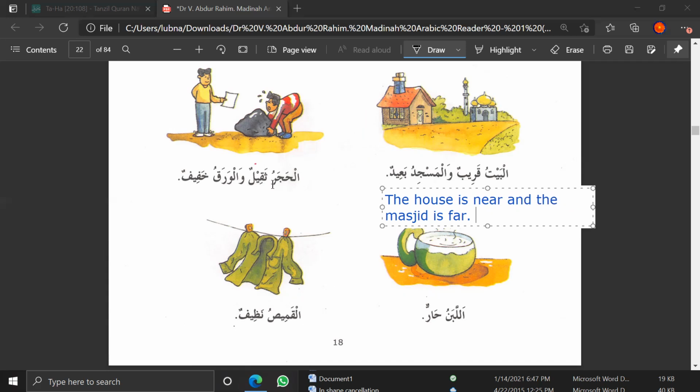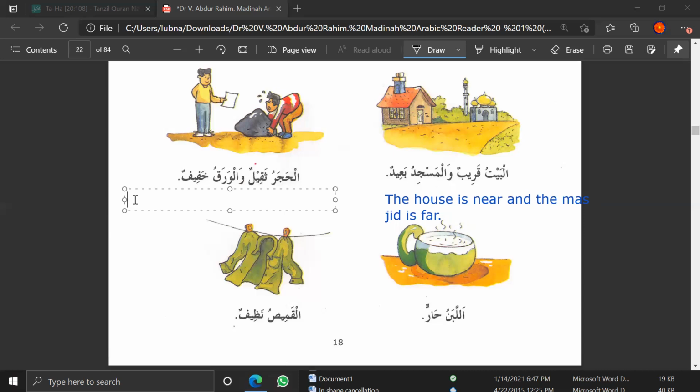Acha. Now this one. Al-hajaru saqilun wal-waraqu khafifun. From the expression, what do you see? The rock. Someone is trying to lift it up. The rock is heavy. Yes, excellent.